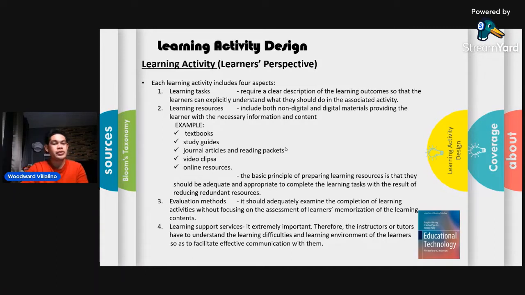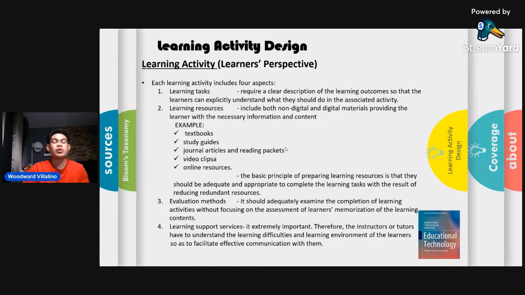Okay. So, number two, we have the learning resources. From the word resources, these include both non-digital or digital materials, providing the learners with the necessary information and content. So, the keywords here are necessary information and content, which could be non-digital or digital materials. So, these are the learning resources that we should focus on as well in conducting learning activity design.